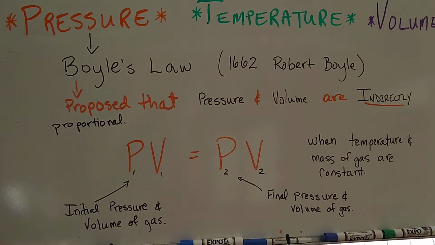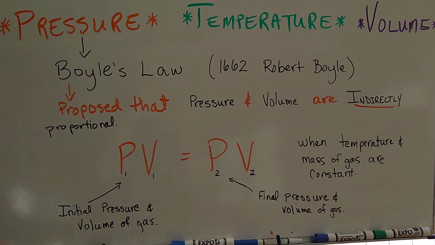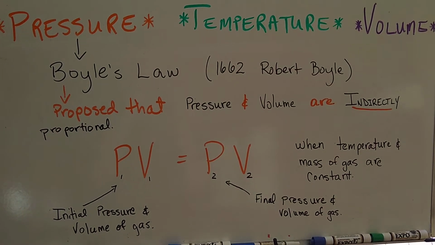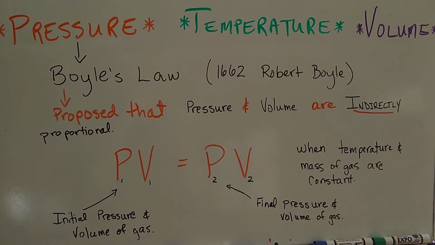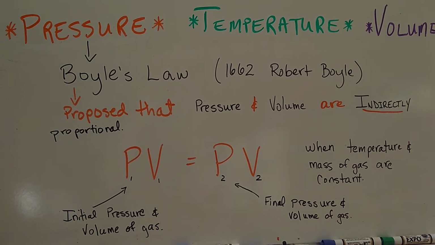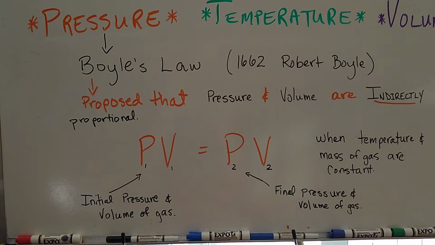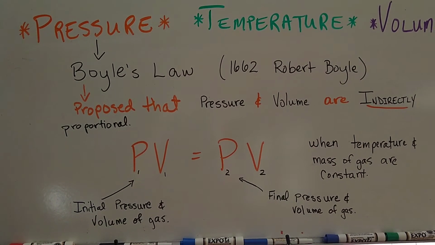Therefore, the initial pressure and volume of a gas, when multiplied together, will equal the final pressure and volume of a gas when they're multiplied together, and if you've changed one, the other one will change also. And if you remember, an indirect relationship means that when one goes up, the other will go down.